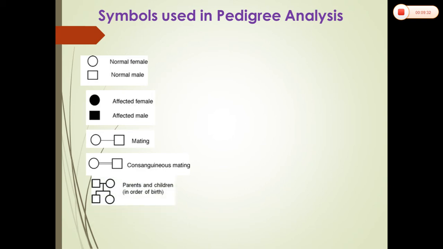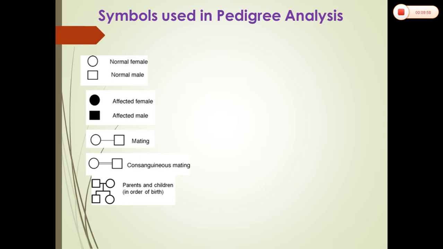Now you have understood that a horizontal line between circle and square represents marriage. Now a vertical line from that horizontal one, and again a horizontal line, shows offspring or progeny. In the order of birth, from left to right, here the boy is the first child.